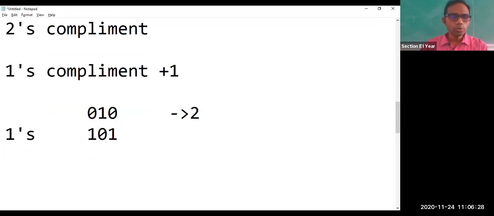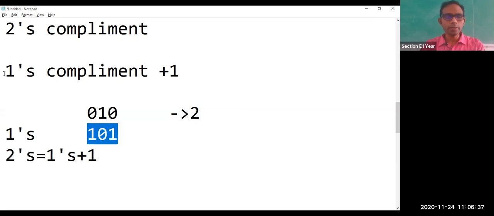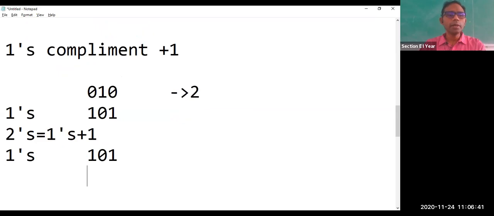We said 2's complement is equal to 1's complement plus 1. So we have to take this number and add 1 to it, something like this, 001.